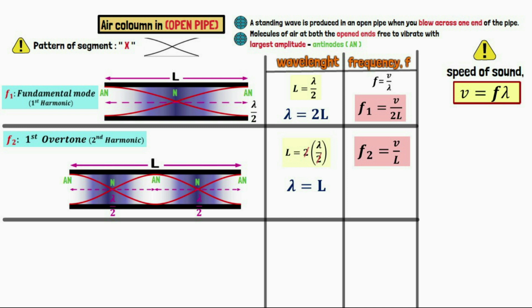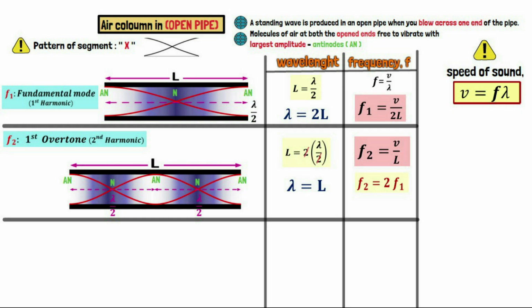F2 is actually 2 times F1. 2 kali ganda F1. Okay, macam sama kan? Macam stretch string. Ya, betul. Kalau kita perhatikan equation for F1 and F2 untuk open pipe adalah sama macam stretch string tadi.